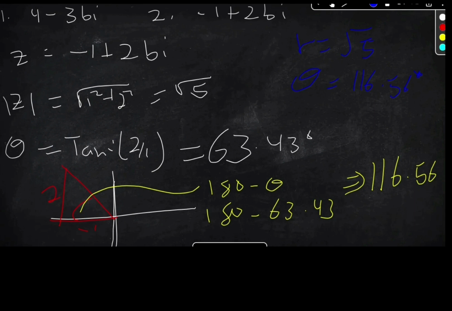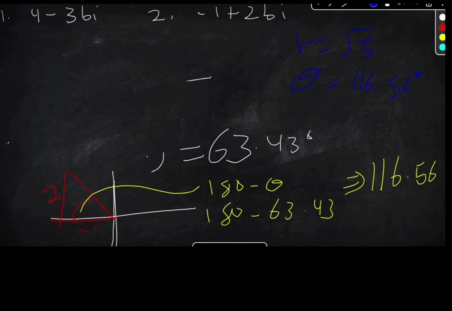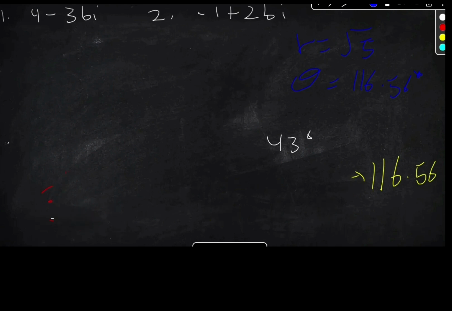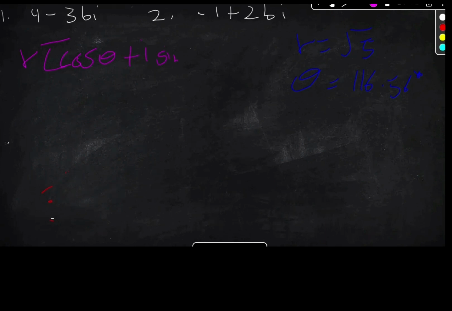Expressing it in trigonometric form, we have r into bracket cos of theta plus i sine of theta.